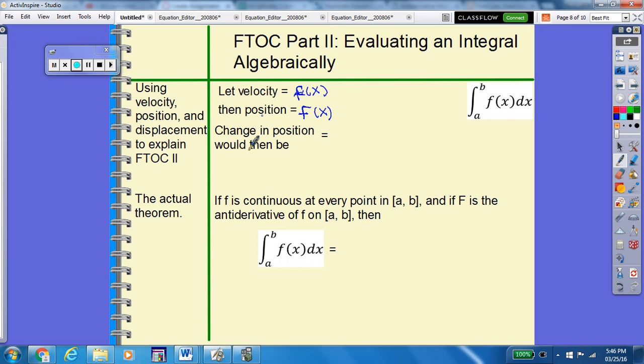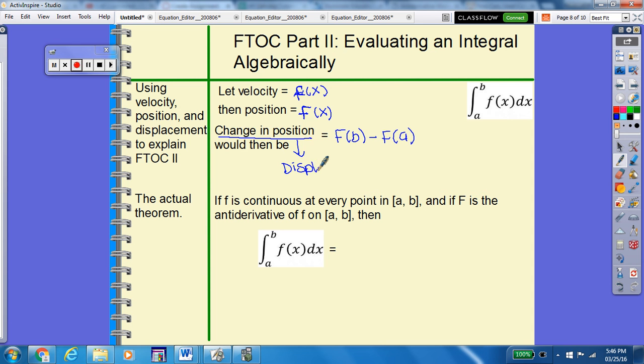A question is, what would be the change in position? How would we denote that? If we're looking at an interval from a to b, our change in position would be the position at b minus the position at a. And if you remember, the change in position, the final position minus initial position, we called that displacement.